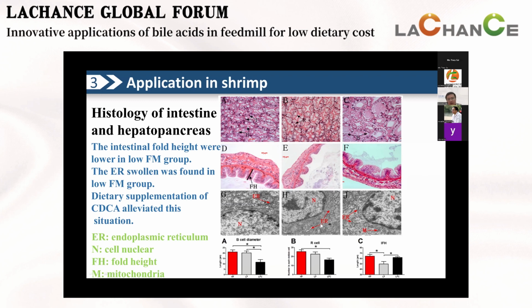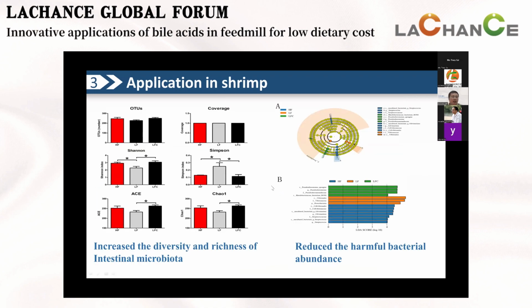And also for the ER swollen, we can see in the low fish meal diet, we find the ER swollen here. And after we supplemented the CDC, this situation was alleviated. And we also detected the microbiota of the shrimp.